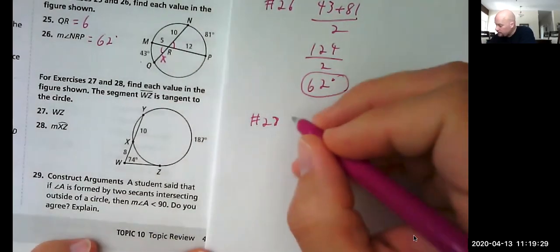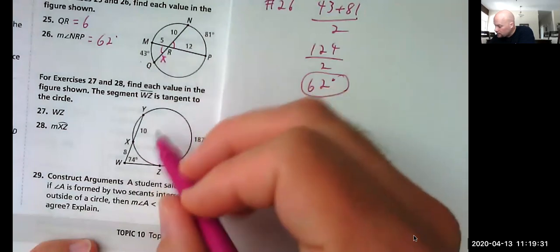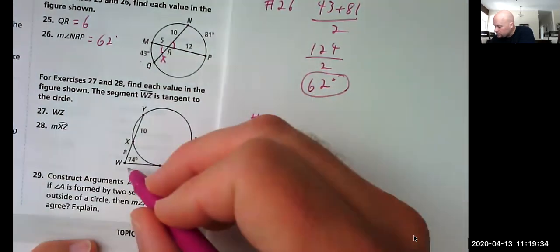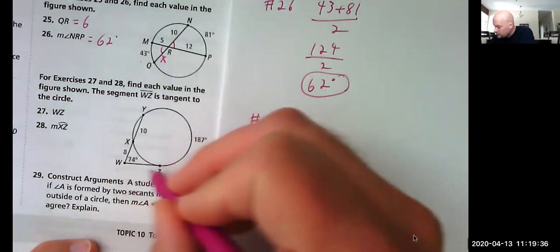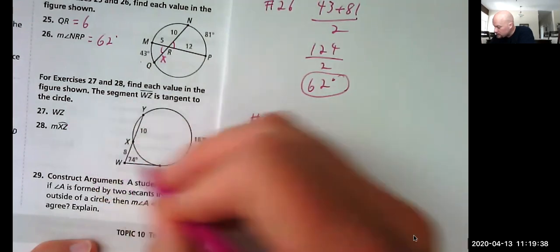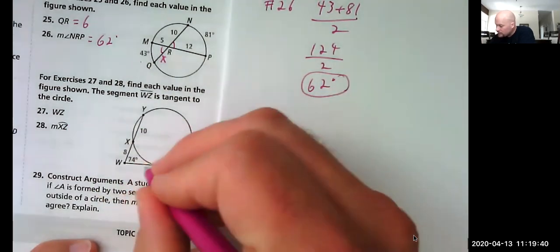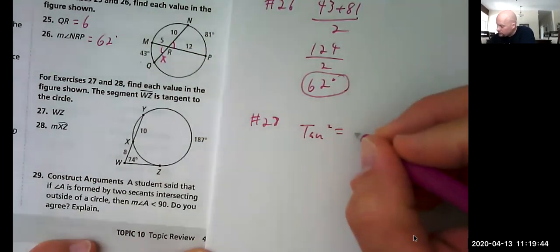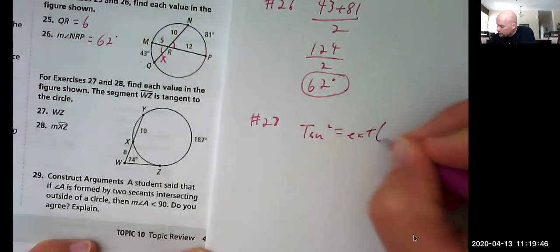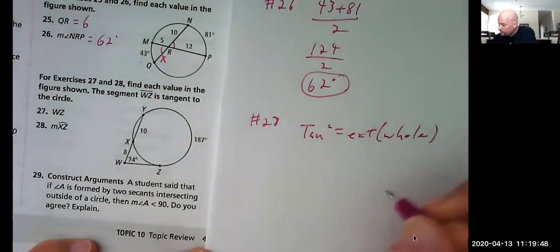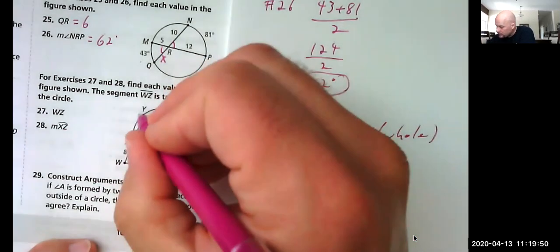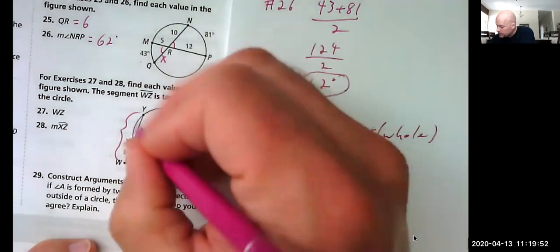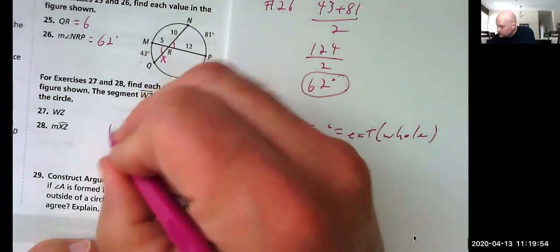All right, 27, WZ. WZ is this piece here. Again, when it's listed like that, that wants the length of that piece. Well, that's a tangent line. So we're using the equation, the tangent squared equals the exterior times the whole. In this case, the whole on this side is 10 plus 8, so that's 18.